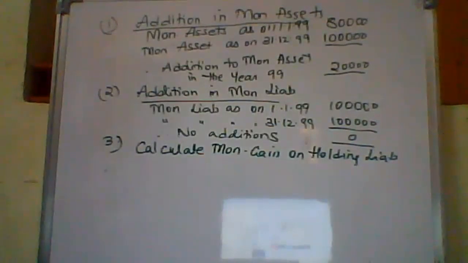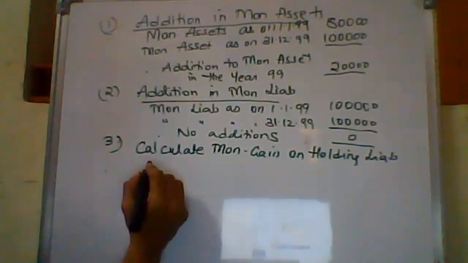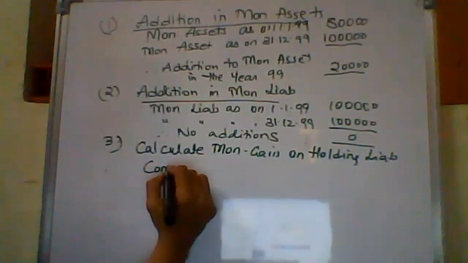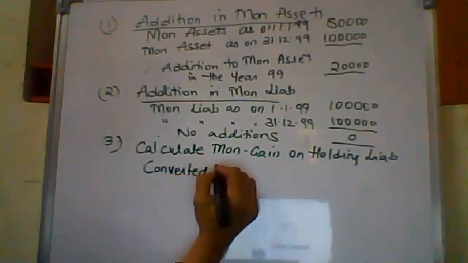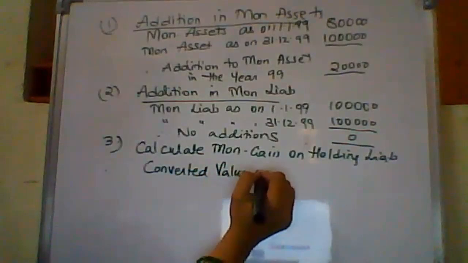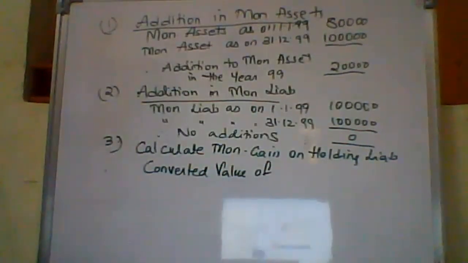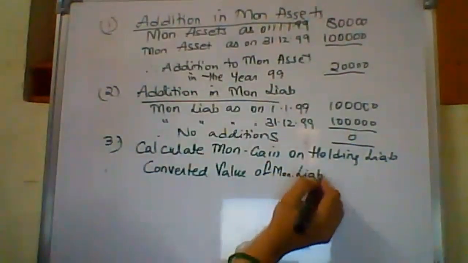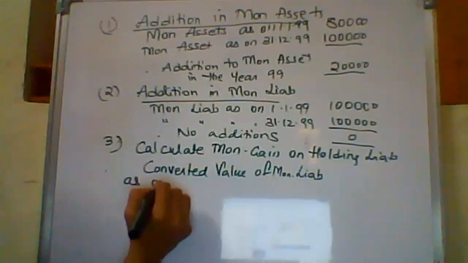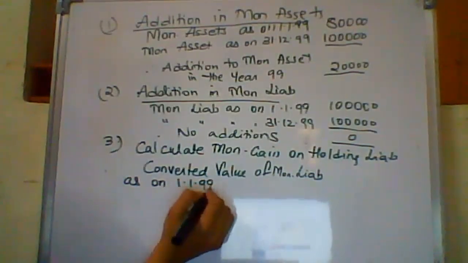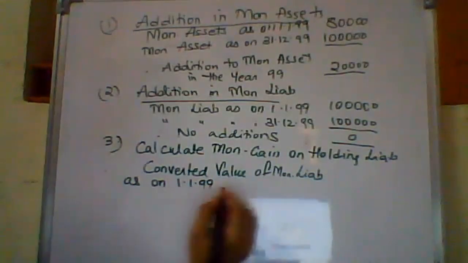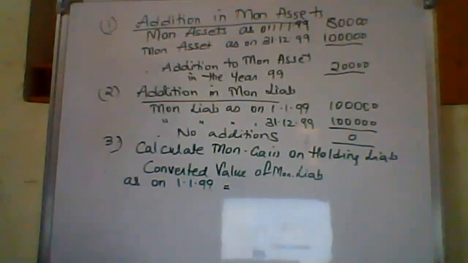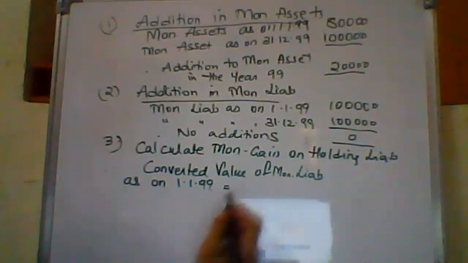So, what will I do now? First, calculate converted value of the monetary liability which is there in the beginning, that is opening monetary liability as on 1/1/1999. How much would be the converted value? We always know how to calculate converted value: historical value into conversion factor.